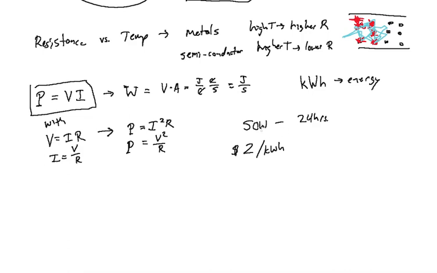So like this 50 watts is 50 times 10 to the negative third kilowatts, and then you'd multiply that by the 24 hours, and then you would say, all right, now this is a kilowatt hour, this is $2 per kilowatt hour, so your total cost is going to be the amount of energy you use times the rate. That would be something like $2 per kilowatt hour. And you can see the kilowatts and the hours are going to cancel.